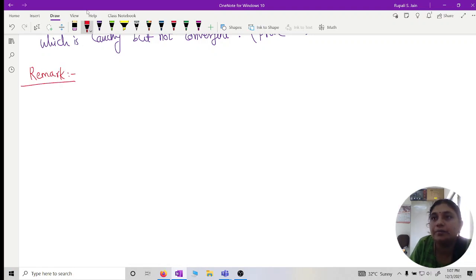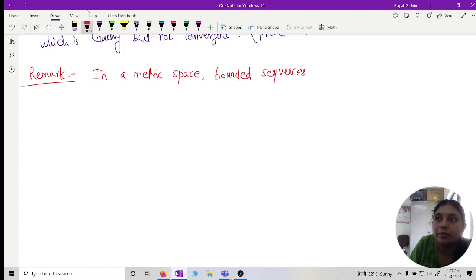A remark: in a metric space, bounded sequences may not have a convergent subsequence.